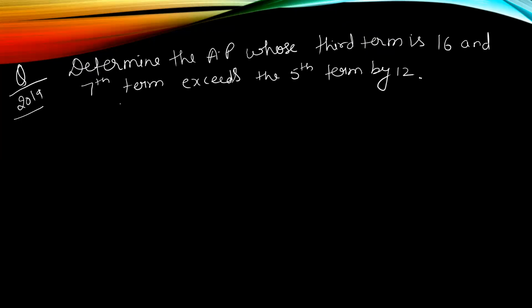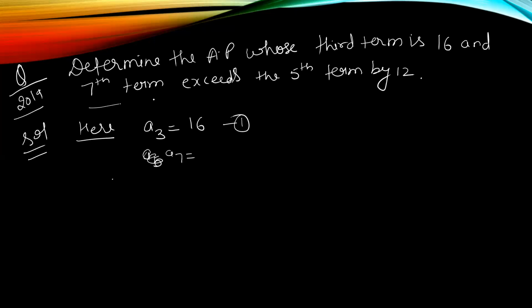How will we solve this problem? Here we are provided that the third term is 16. This is the first equation. And the seventh term exceeds the fifth term by 12.